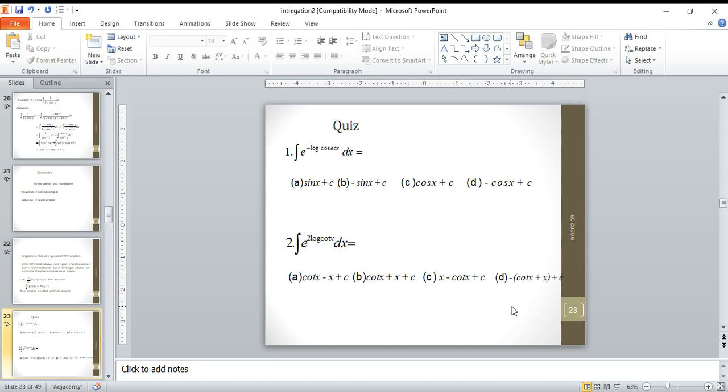The integration of cot square x: cot square x is cosecant square x minus 1, so the integral of cosecant square x is minus cot x, minus x. That is, D is the answer: minus cot x minus x plus c.